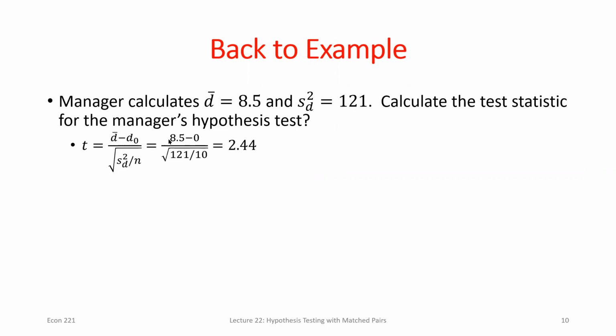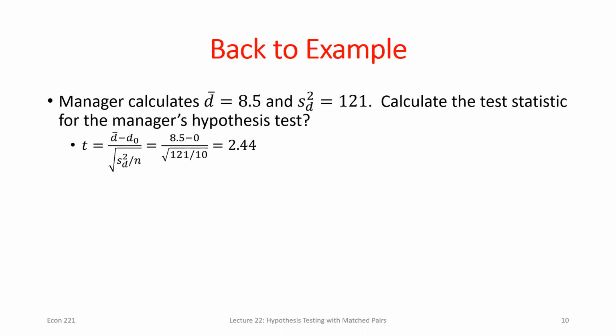All we're doing there is plugging in those values. We got this mean difference of 8.5. The assumed true difference we were using was 0. Plug in the variance and the sample size. This isn't really anything wildly different from what we were doing before with just one population mean example. So we found something that was 2.44 standard deviations away from that assumed true difference of 0.